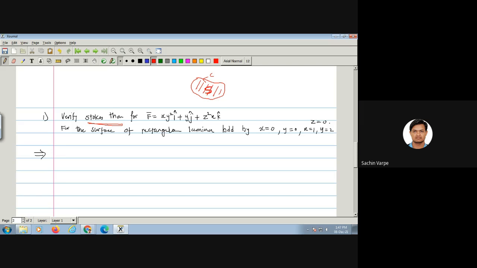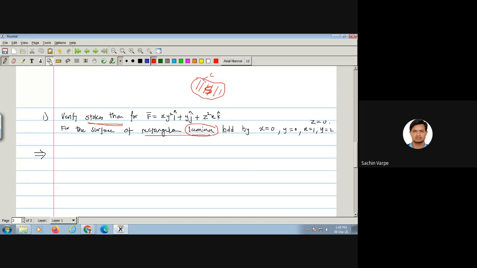So what is this S given here for this particular example? What is surface S? I have written here that it is the surface of a rectangular lamina. Anyways, here the surface is given to be a rectangular lamina. But what is meant by lamina? Lamina means open surface. Remember.